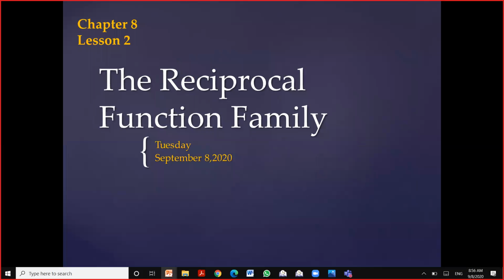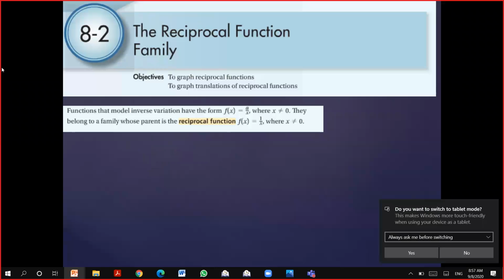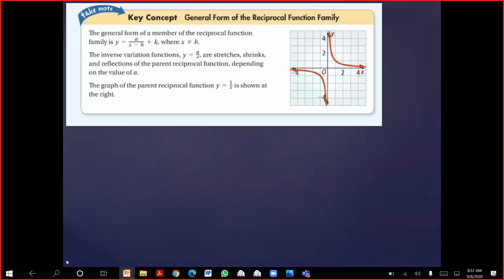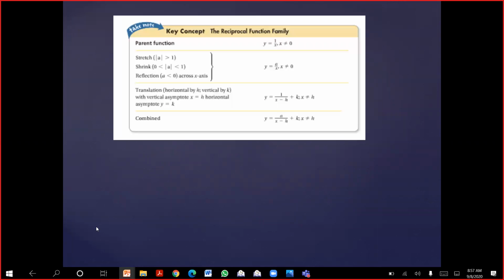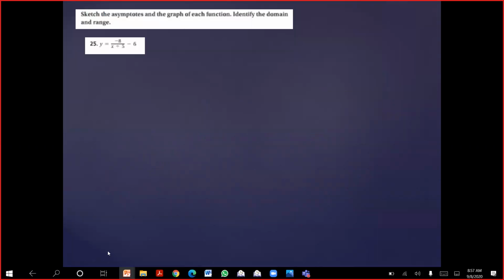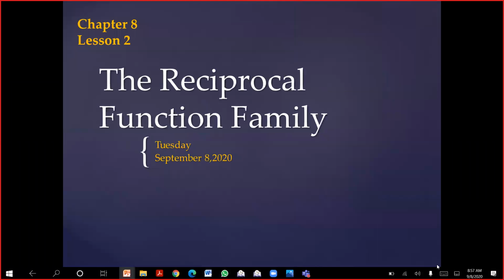Now, today we will start with the next lesson, chapter 8, which is the reciprocal function family.